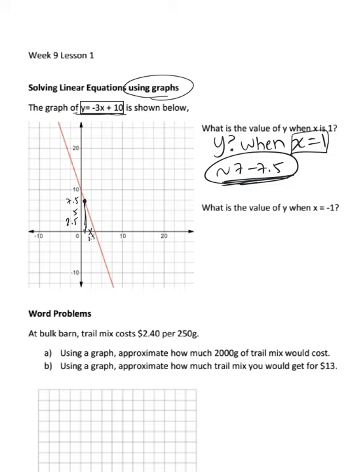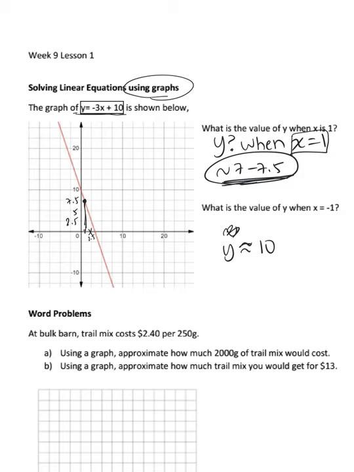Okay, so now this is the same thing. We're just going to read the graph when x is equal to negative 1. Again, it's the same scale over here, so negative 1 is around here somewhere, and it goes just above 10. Okay, it just goes just above 10, so y is approximately, so we use squiggly lines, around 10.